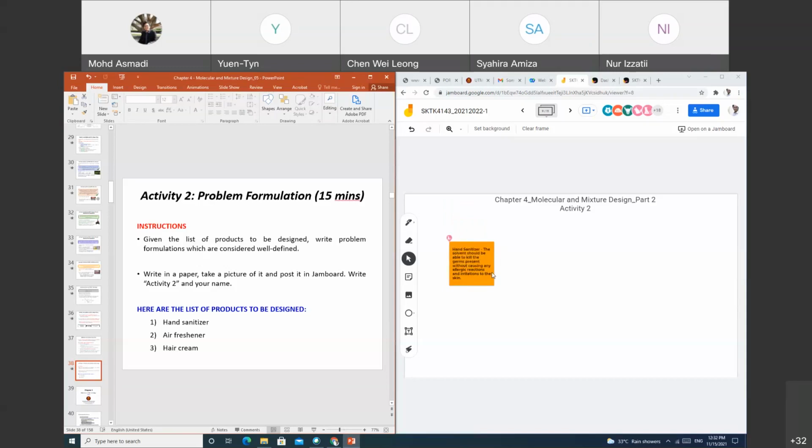Okay, good. The solvent should be able to kill the germs present without causing any allergic reaction and irritation to the skin. How about air freshener, hair cream and sanitizer?